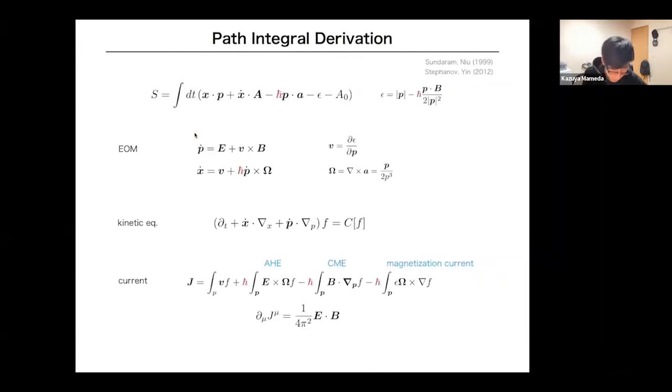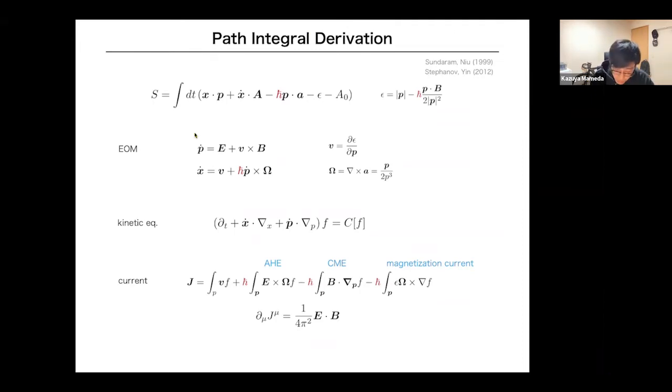If you go to the semi-classical theory, we have some similar quantum corrections. First of all, we have some new term proportional to A. Here, h bar is the Planck constant, and A is the Berry phase.